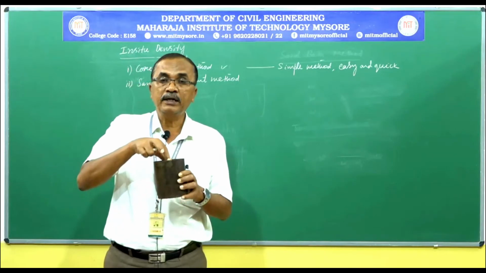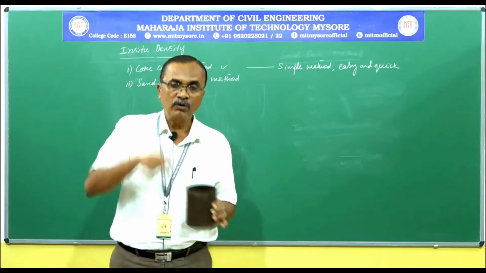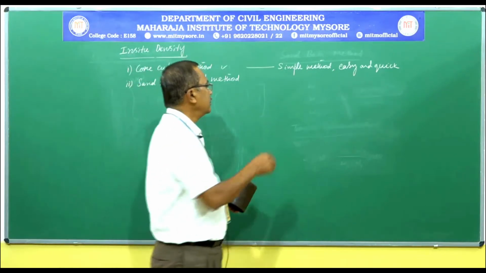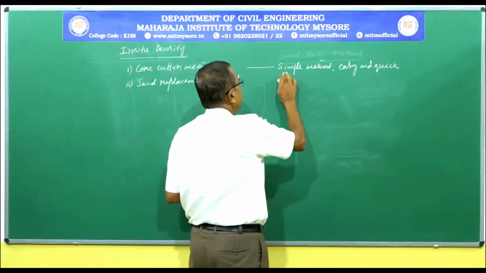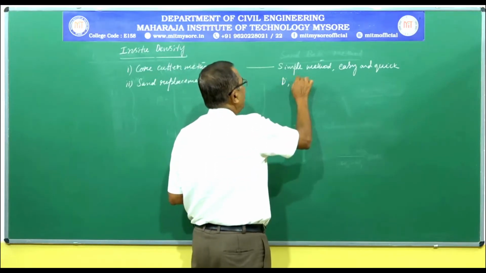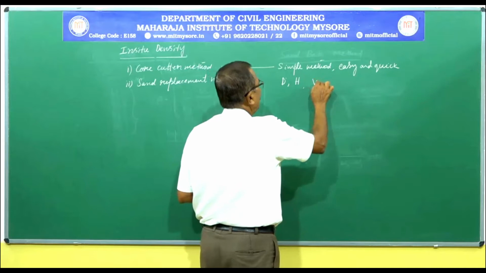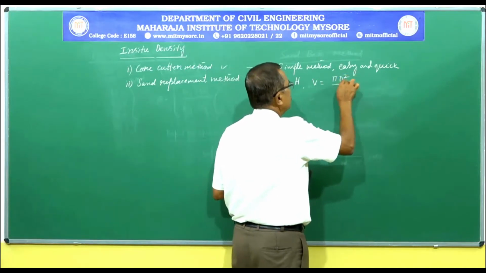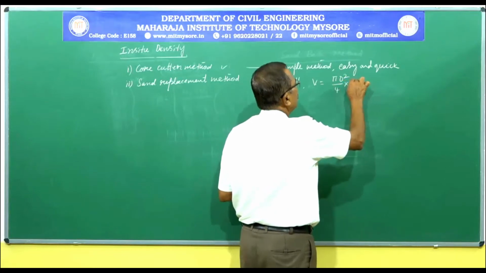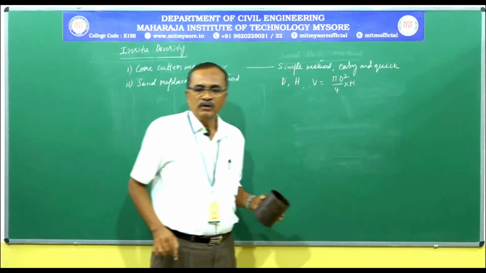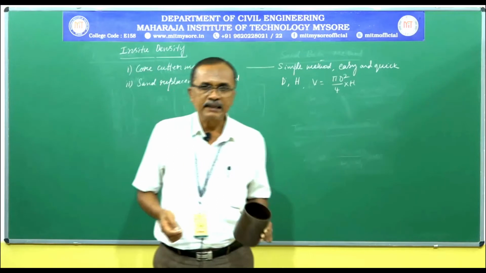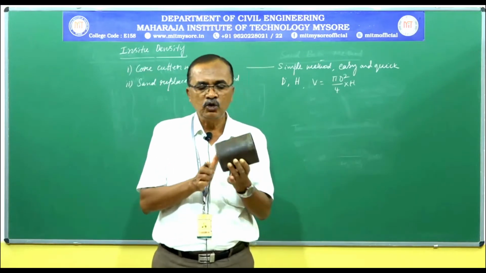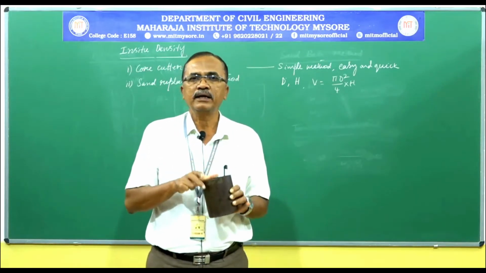The volume can be calculated using pi d square by 4 into h. Volume of the core cutter is nothing but the volume of the soil to be accommodated in the core cutter.